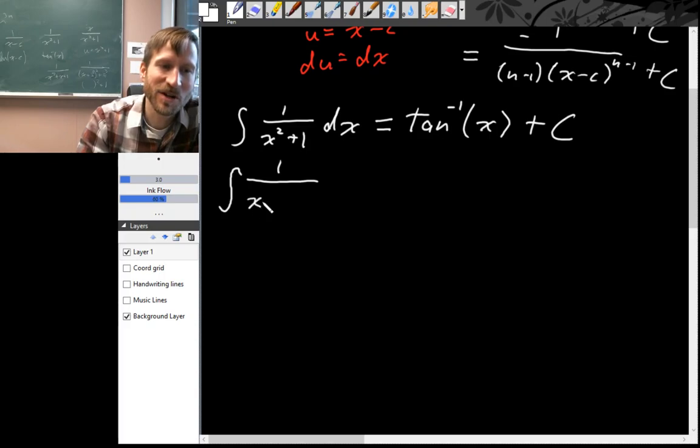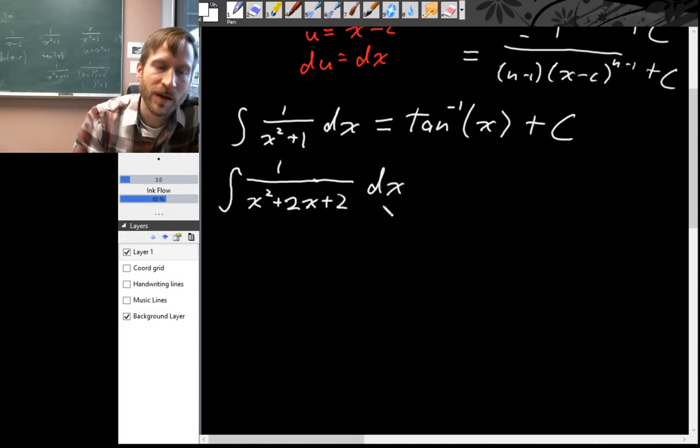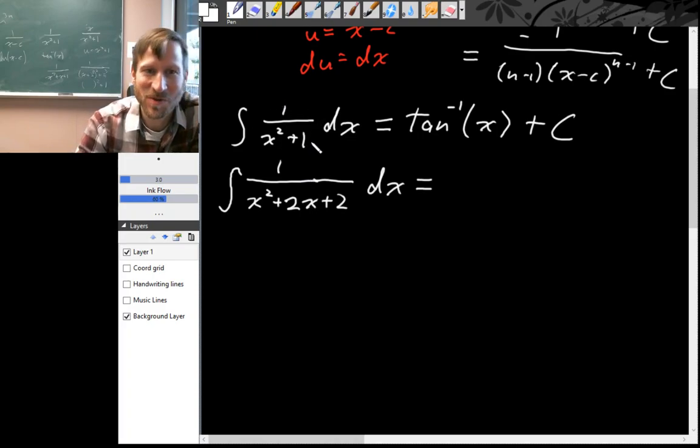For example, here's another irreducible quadratic, 1 over x squared plus 2x plus 2 dx. So you can try to factor this or use the quadratic formula, but this is irreducible, I'm pretty sure. I should have checked ahead of time. So what should we do? Well, really, we would like to get back to this 1 over x squared plus 1 situation, because that's when we know an antiderivative.